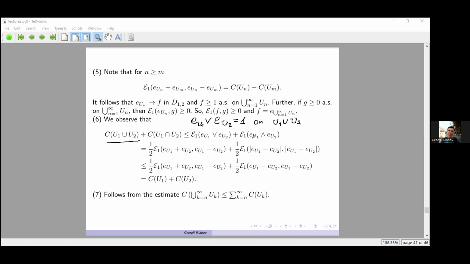In the same way, if we take the minimum of EU1 and EU2, it will be equal to 1 on the intersection of U1 and U2. Which means that the capacity of the intersection is less than E1 norm of the minimum of EU1 and EU2.